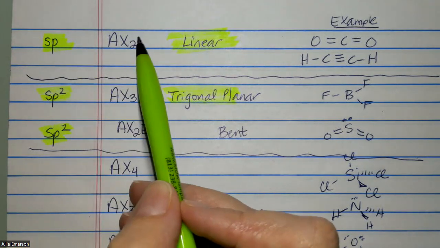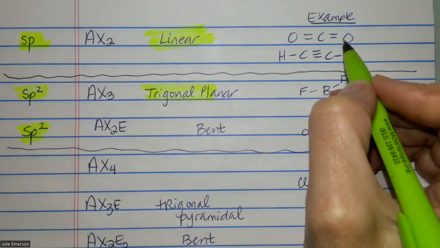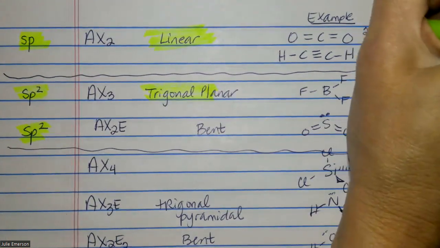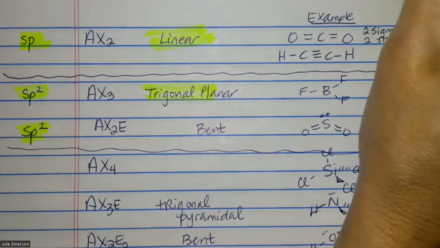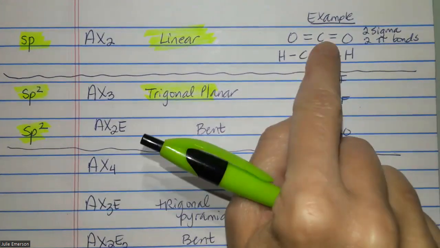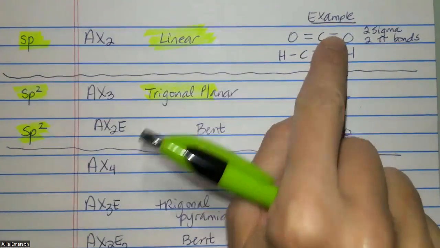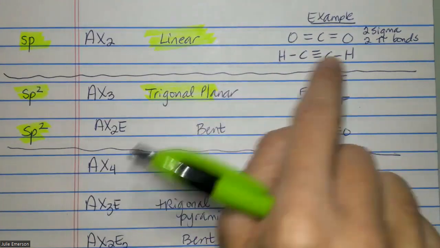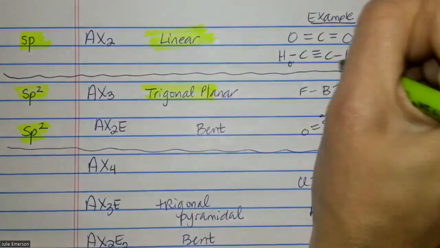Now you do need to know sigma and pi. Now in the case of carbon dioxide, you would have two sigma bonds and two pi bonds, because they're two double bonds. So here's a sigma and a pi and a pi. With the acetylene, the carbon hydrogen bond, that's just a sigma.